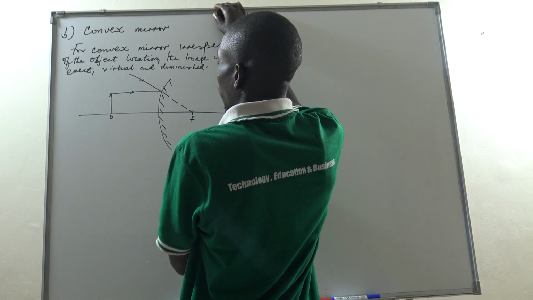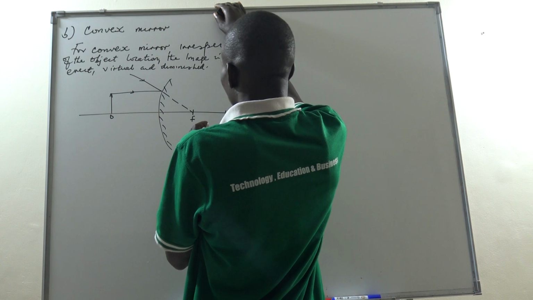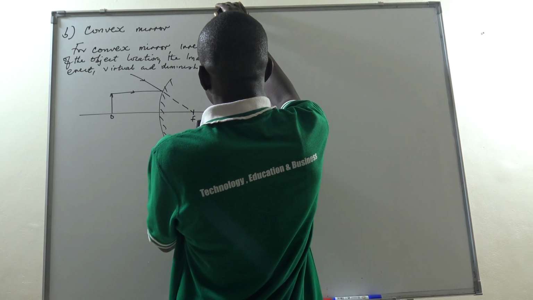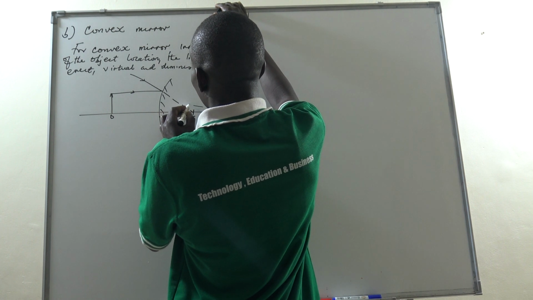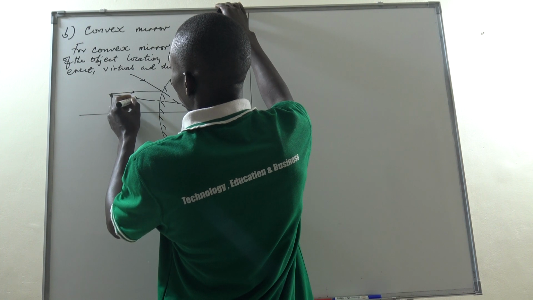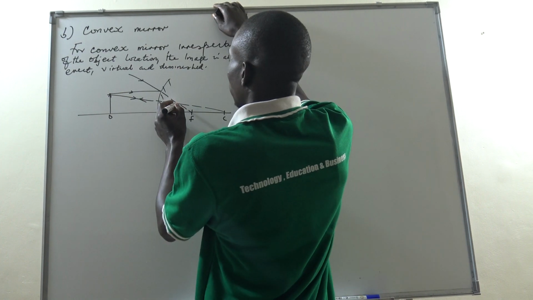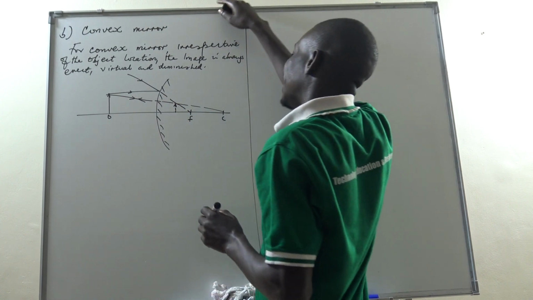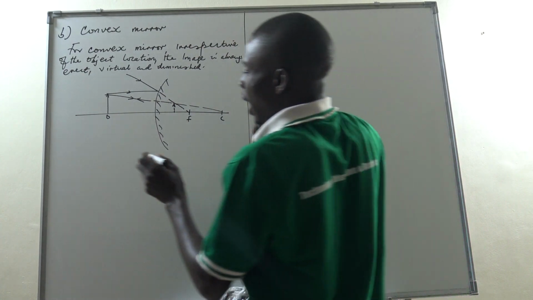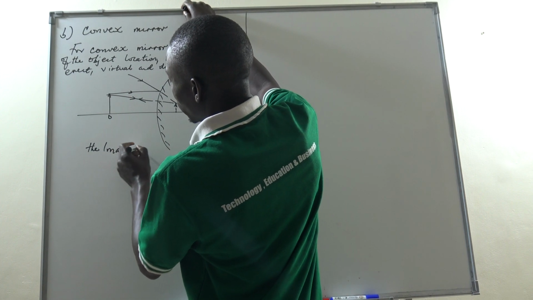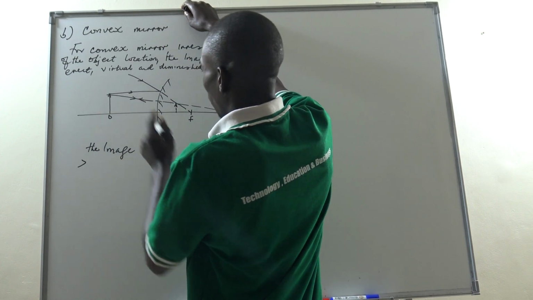If this is the center of curvature, then I will have light rays from here. It will move along the same path. The intersection of this will give us the image. And here we are saying that the image has the properties you have been mentioning.